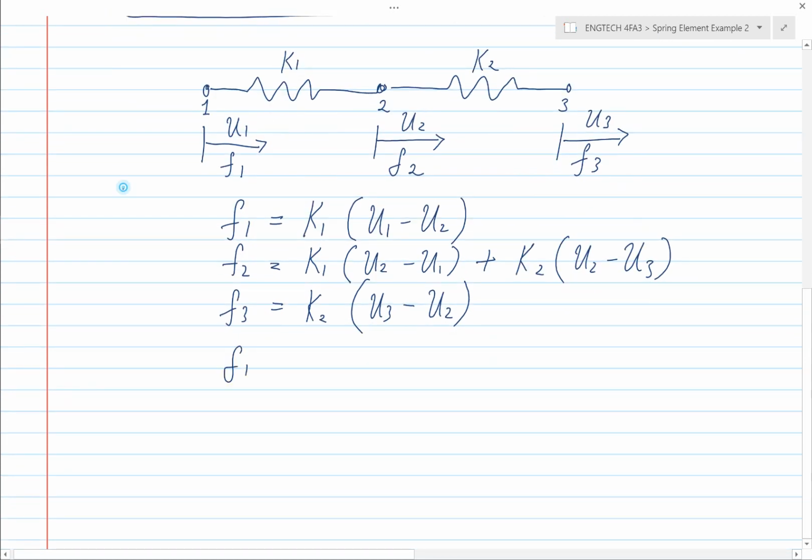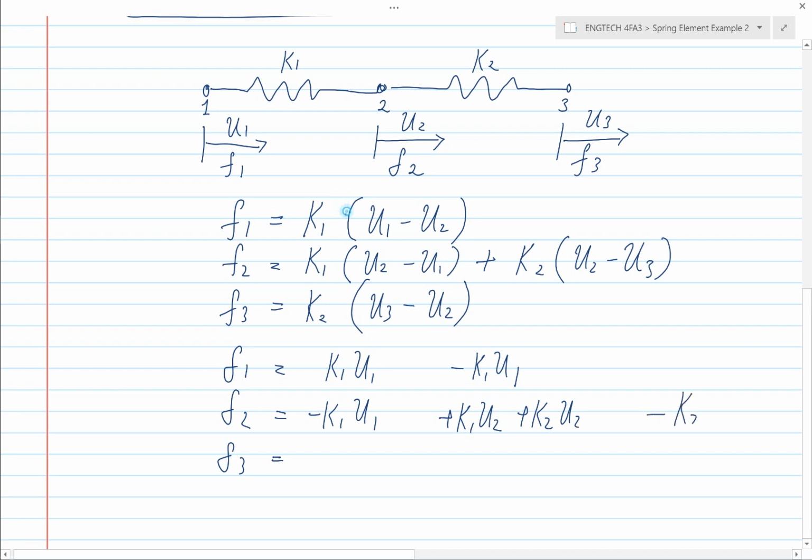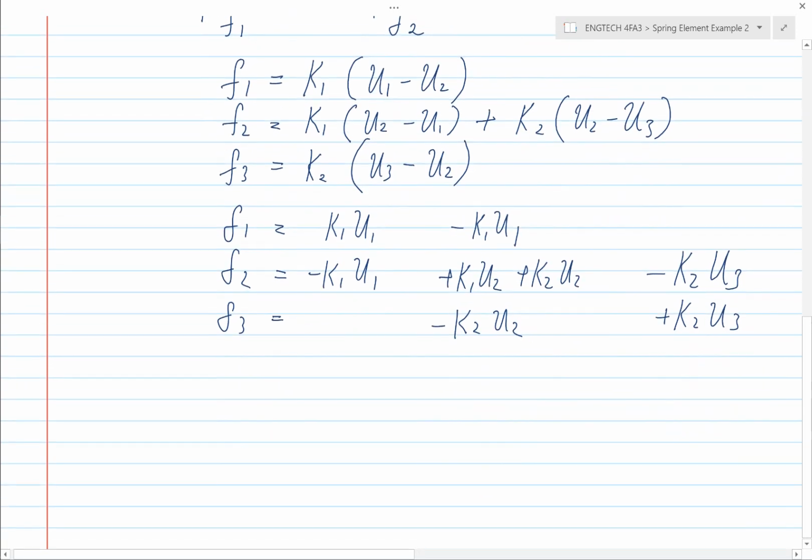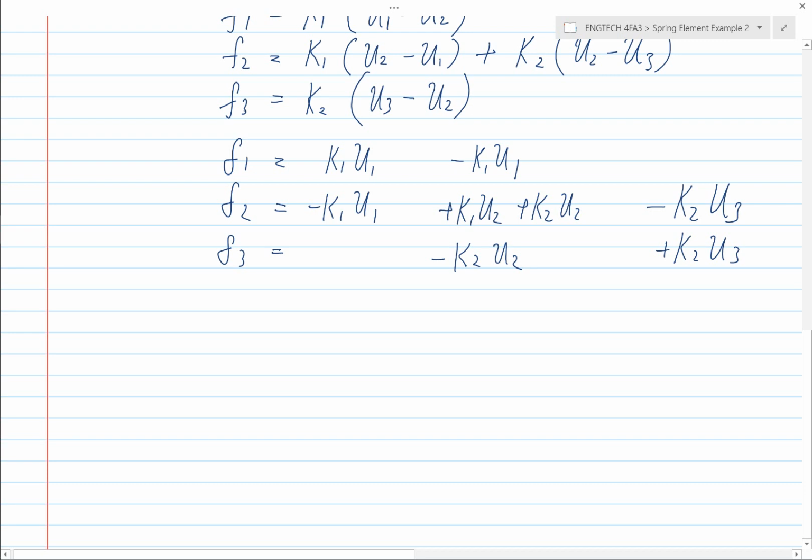So let's group the equations into a more friendly format. Plus K1 U2 plus K2 U2 plus K2 U3. Okay, look at that. We have a constant here.